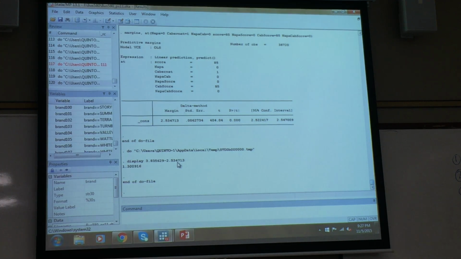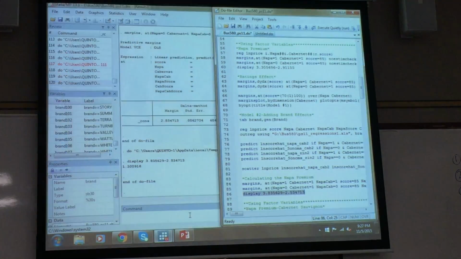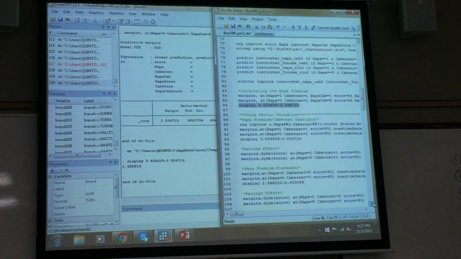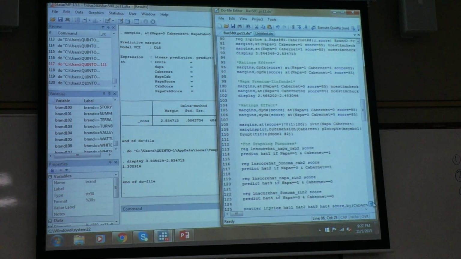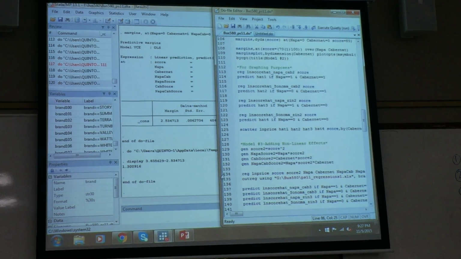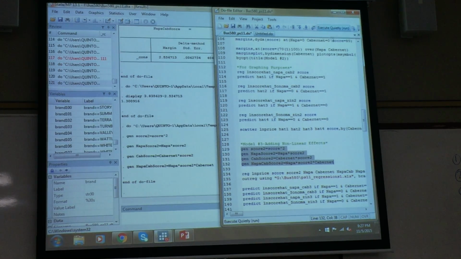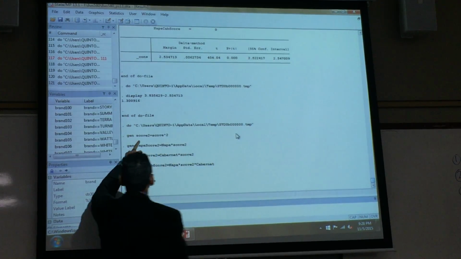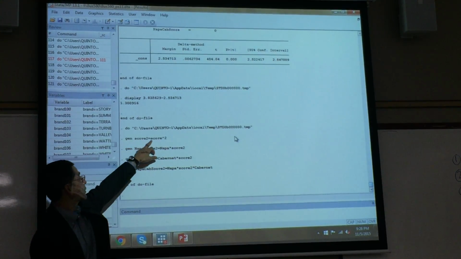All right. And adding the nonlinear term is as easy as it sounds. So, generate score2 equals score squared.